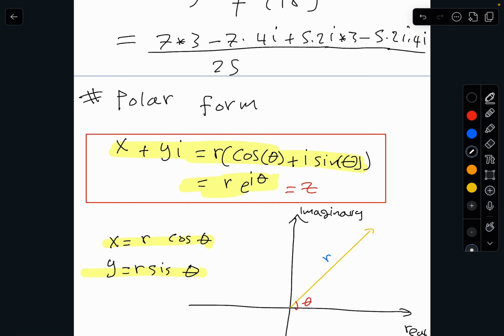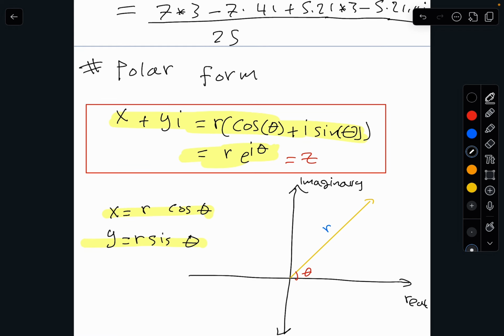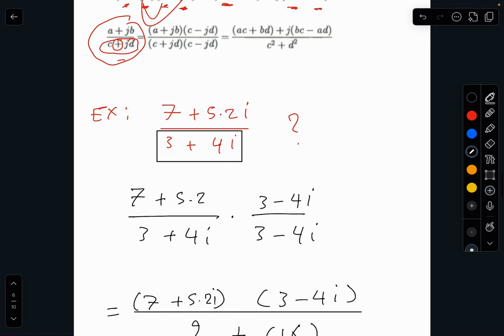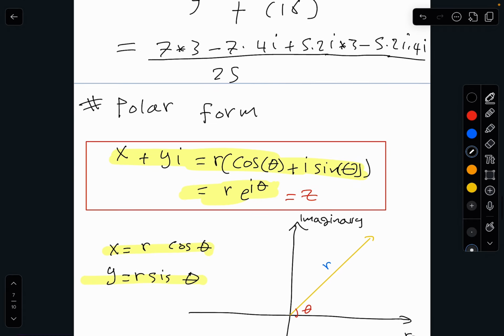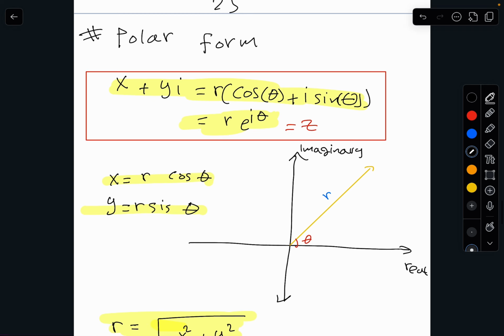we have something called the polar form. What we took above, this kind of form, we call the rectangular form. And we have something else called the polar form. A polar form is basically, see this 2D map, okay?